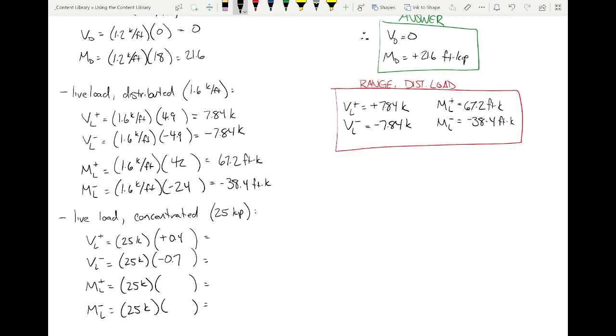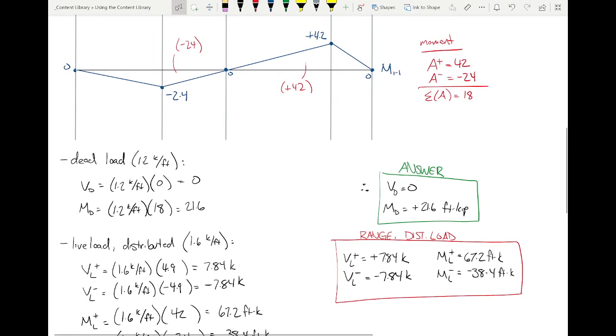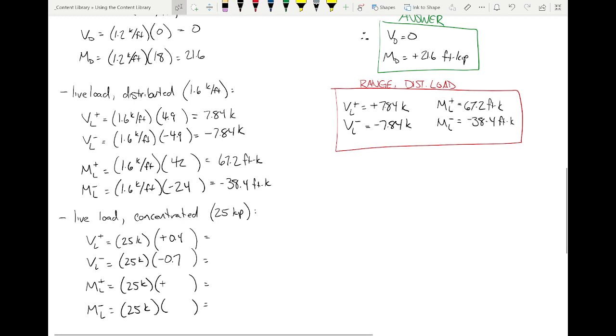So, okay, what does it need to be for the moment? What do we need to put there? What's the positive value? What's the negative value? All right. So what do we got for here? This is what, 10? What about this one? All right. For the moments.